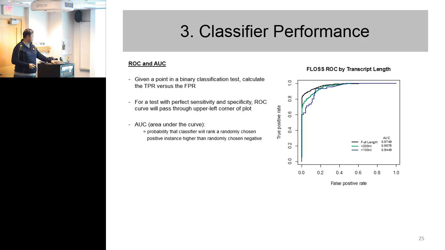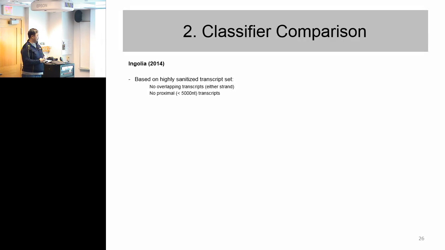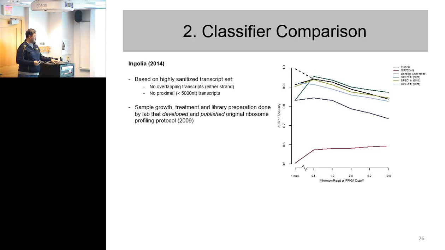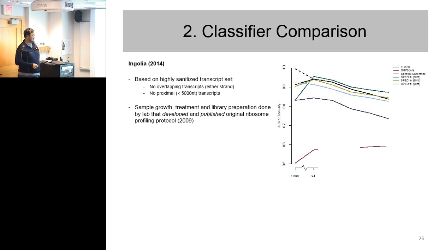So what I did, in the Ingolia mouse embryonic stem cell data set, was compute the Floss score and SPECtre scores using the methods that they had previously published. And then, like I mentioned previously, I looked at various ranges, starting here at 1 read, which is what they did.